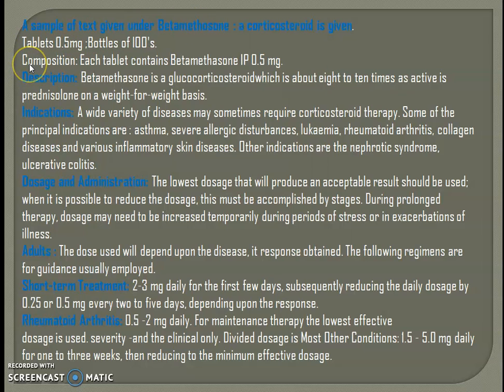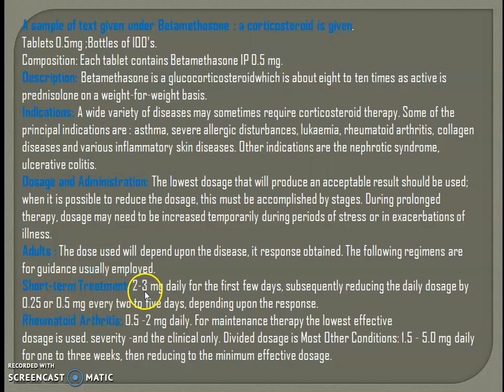So what information must be given? First is 0.5 milligram tablet, that is the strength, and bottles of 100 tablets. Then composition: each tablet contains betamethasone IP 0.5 milligram. Then there is a description of that tablet. Then indications regarding that drug, dosage and administration: what dose is given to adults, what dose is given for short term.